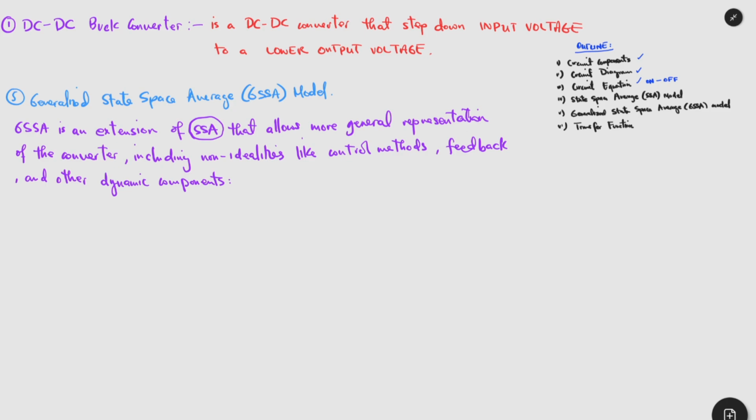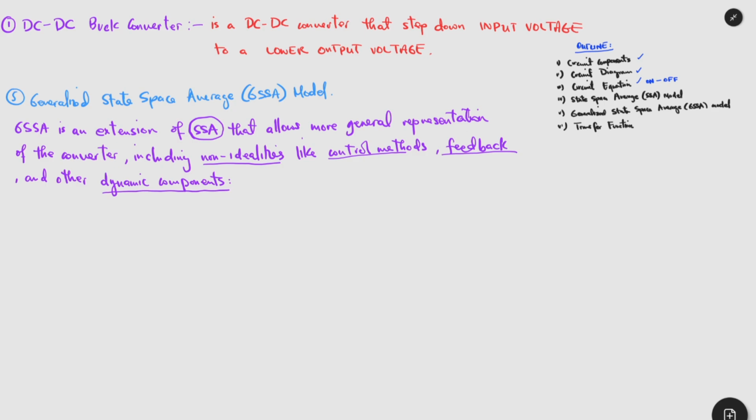The generalized state space is an expansion of this state-space averaging model that allows a more general representation of the DC to DC buck converter, including the non-idealities of the converter, the control method, the feedback, and other dynamic components, meaning the components or signals that are changing in the circuit itself.